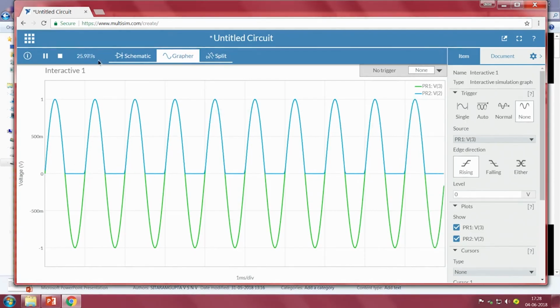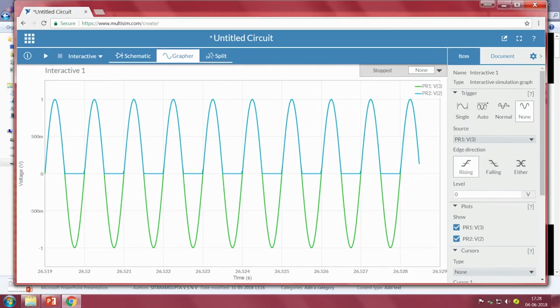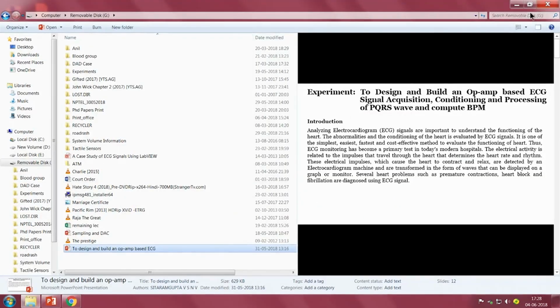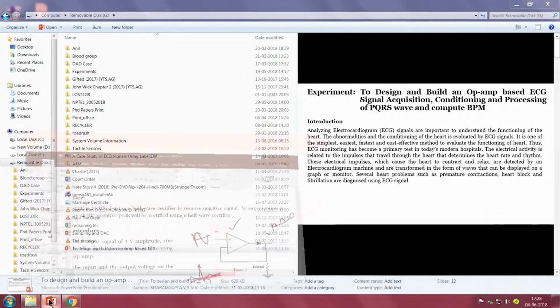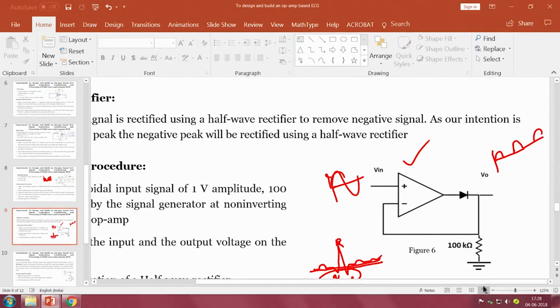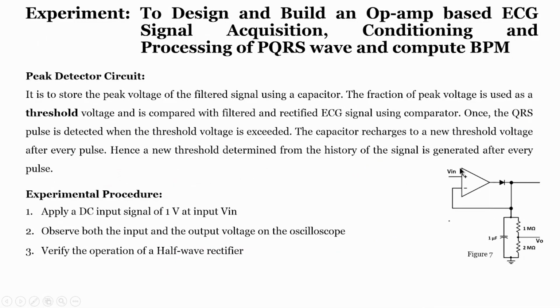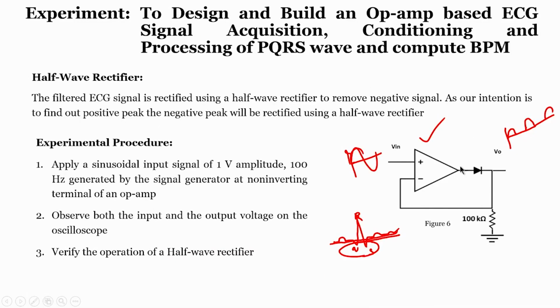Now, here comes our thinking. Why? The reason is, when we recall what we had discussed about our ECG signal, till this part is okay, but how do we find out this particular voltage is a peak, and how do we set a threshold to the system?